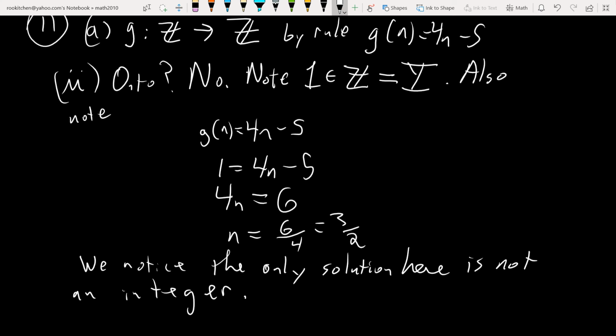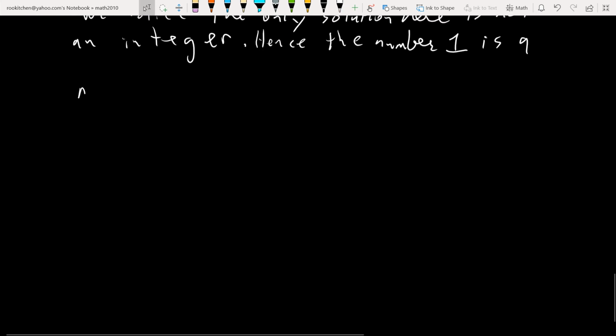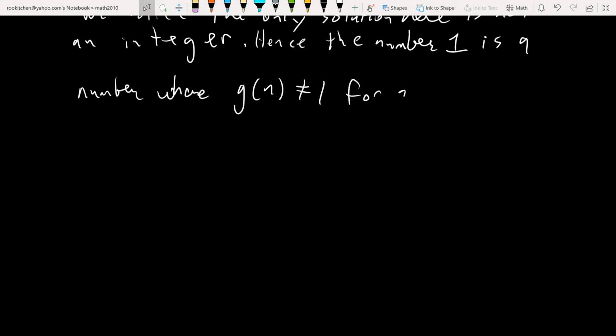So basically, then you're saying that there exists a y such that for all x, f of x does not equal 1. So hence the number 1 is a number where g of n does not equal 1 for all n in the integers. Okay, so it's not onto.